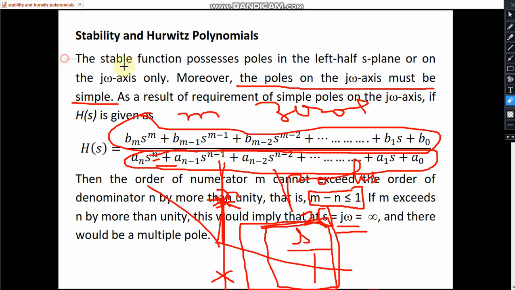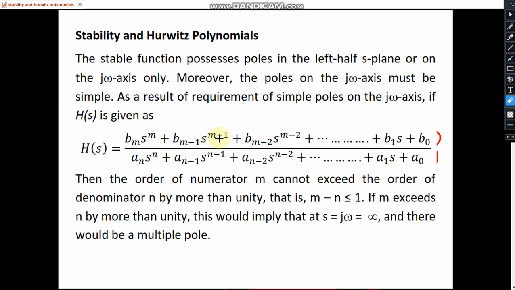So suppose some rational function is given, and it is asked whether the system is stable or not, and suppose this power is greater than this power and the difference is more than 1. Then by observing H(s) itself, we can simply say that the system is unstable without going into further analysis.